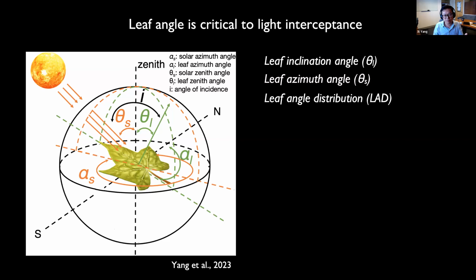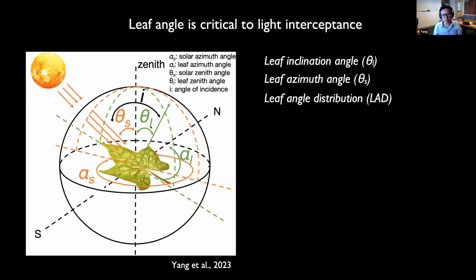Just to make sure everyone is on the same page, leaf angle in this presentation, mostly I'm referring to leaf inclination angle, which is theta L here. It's basically the angle between the leaf surface and the horizontal plane, or the angle between the leaf normal and the zenith. You can take it that way.